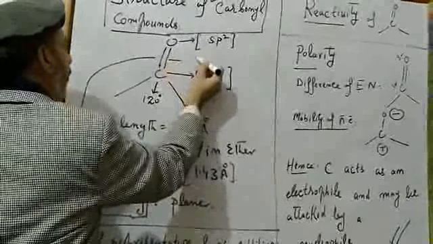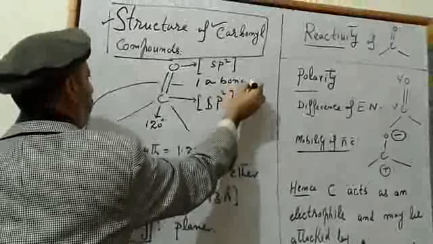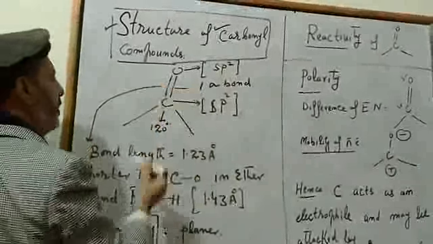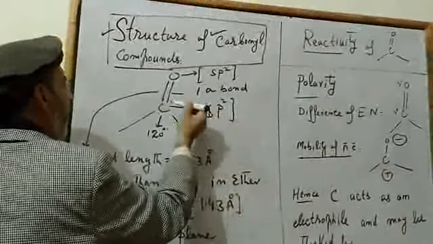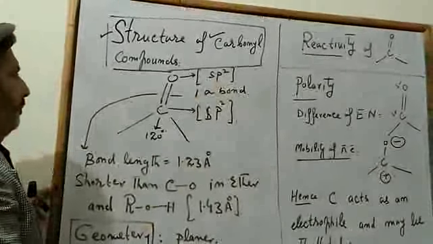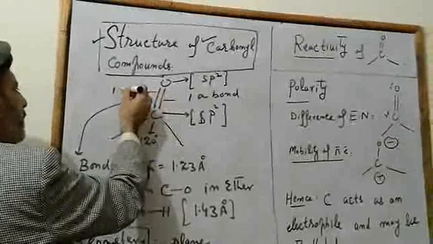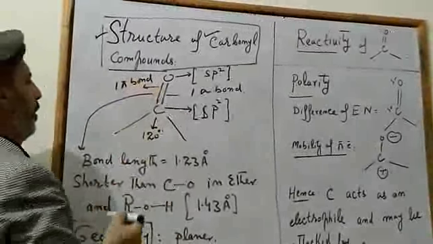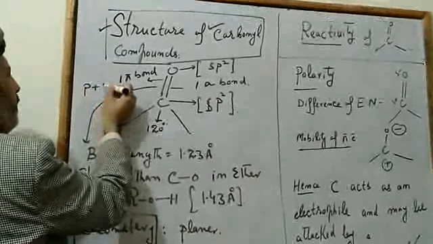One is a sigma bond. This bond between carbon and oxygen is formed by the sp2 hybridized orbital of carbon with the sp2 hybridized orbital of oxygen, while one bond is a pi bond. This pi bond is formed by the p-p overlap.